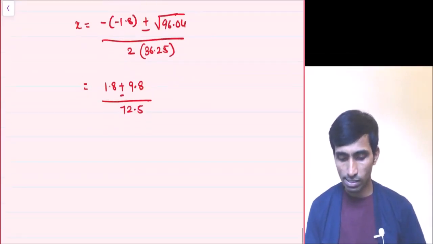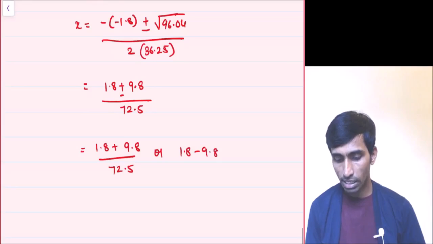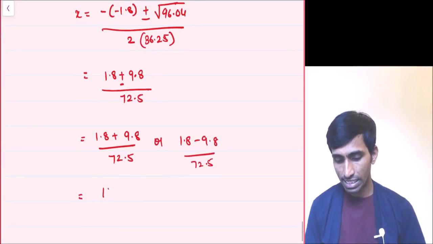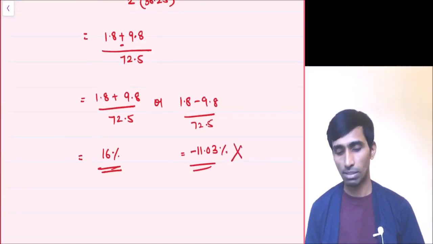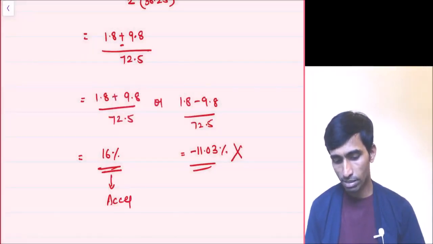So there are two answers for you, 1.8 plus 9.8 upon 72.5, or 1.8 minus 9.8 upon 72.5. The first answer is 16% approximately, and this is negative, minus 11.03. Negative is not possible, the rate can't be negative, therefore we have to accept the positive.